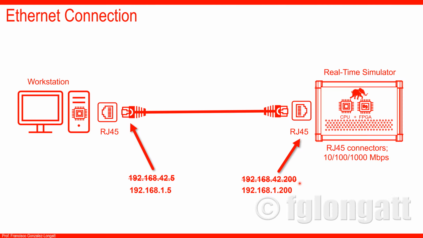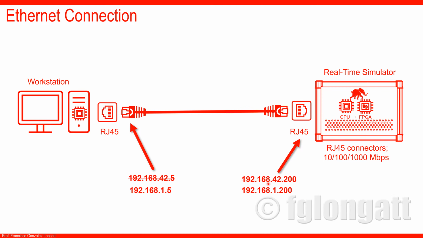I will take advantage of the connectivity that I already did. I will use the Typhoon HIL Control Center and establish the connection using those IP addresses, okay? I can do that because I already set that up. Then I will go to the firmware manager, and I will change the IP address and the name of the HIL604.